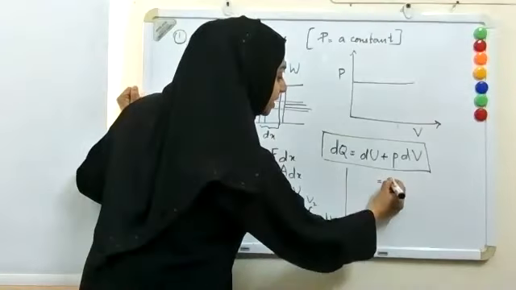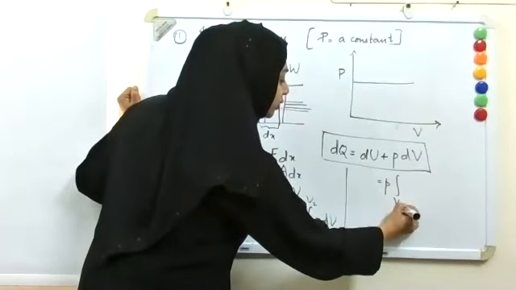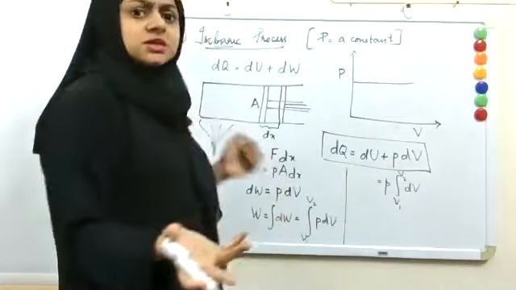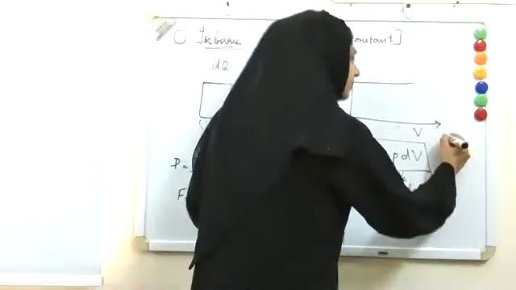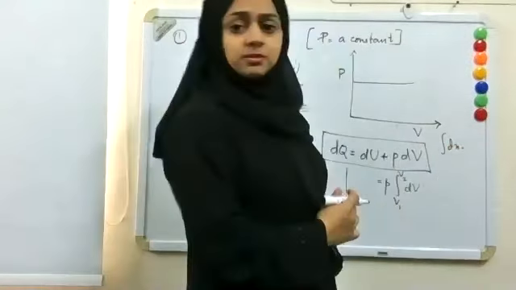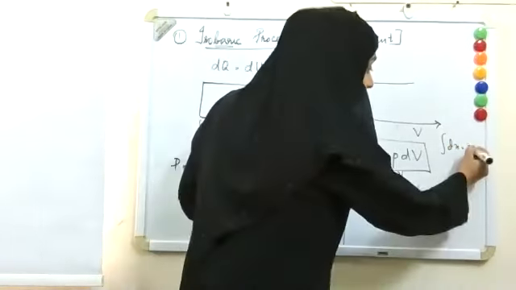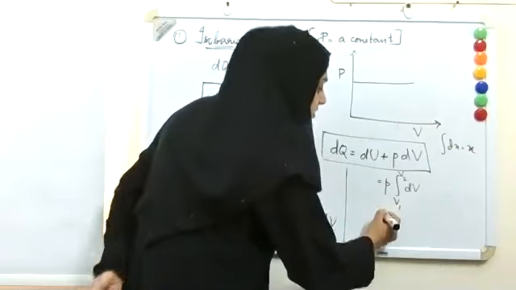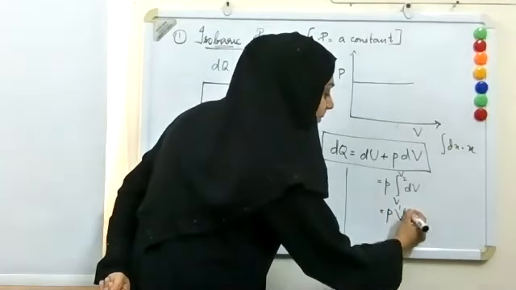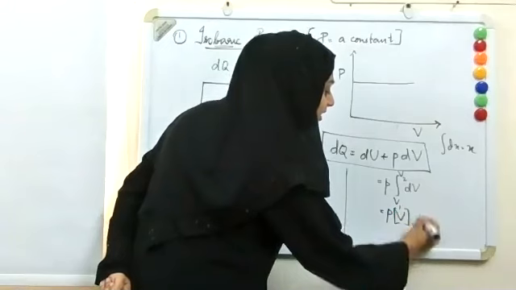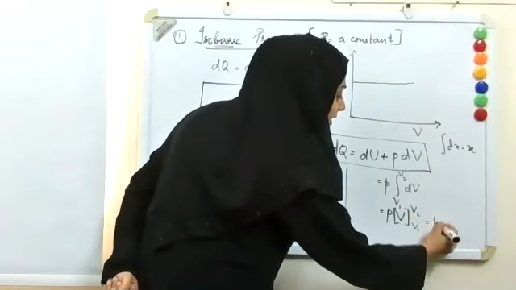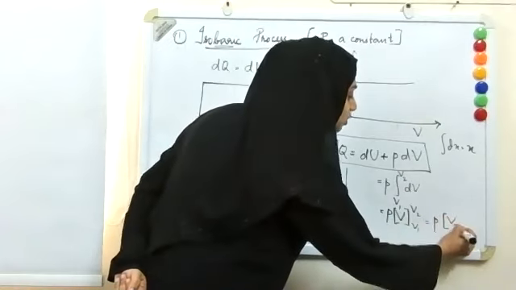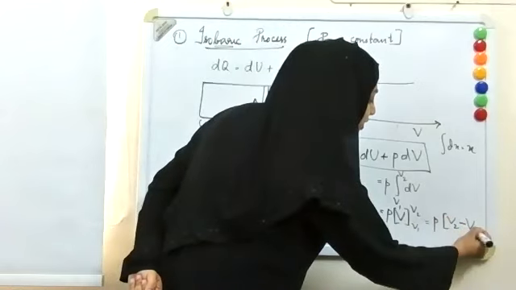This equation becomes P into integral V1 to V2 of dV. Just as integral dx gives you x, similarly integral dV gives you V. So this is equal to P V applied between the limits V1 and V2, which is P into V2 minus V1.